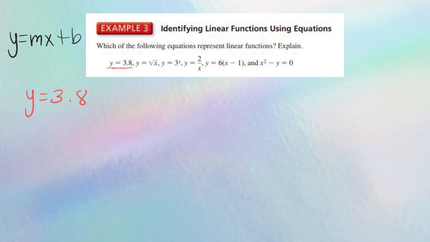What I want you guys to think is, can you rewrite that equation to look like y equals mx plus b? That's just telling me y equals 3.8. Do I have an x there? So can we rewrite it though?